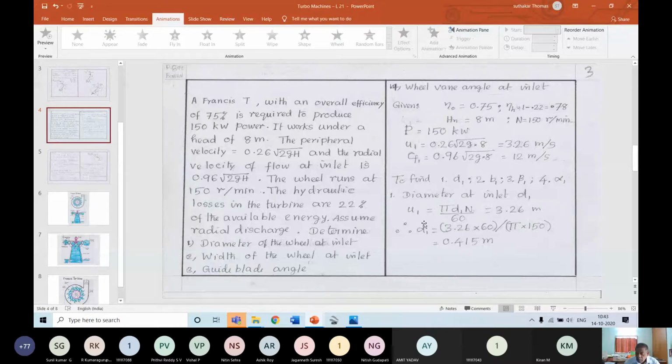And U1 is 3.26 meters per second. Therefore, D1 is 3.26 into 60 divided by pi into n, and the value of the diameter is 0.41 meters.